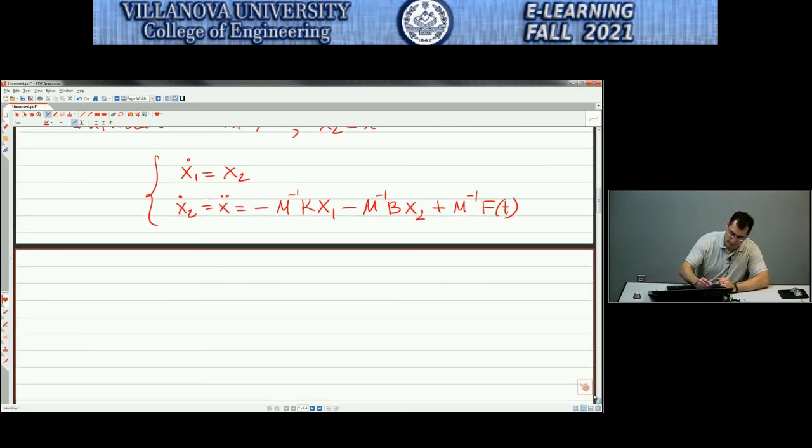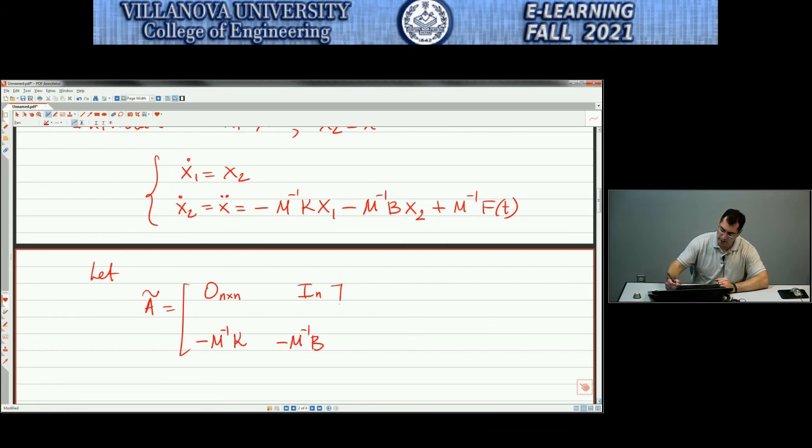Equivalently, I can rewrite, why don't we introduce the matrix A tilde, which is going to be a matrix with an n by n zero matrix, an identity matrix of dimension n, and two other blocks. So this is a block matrix, 2n by 2n, each block of which is represented as follows.